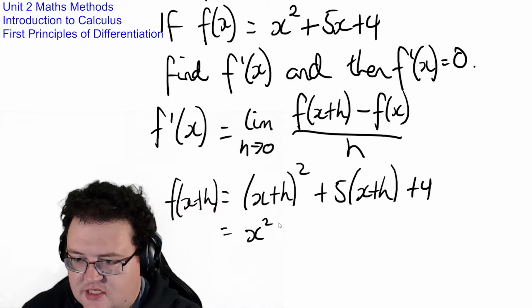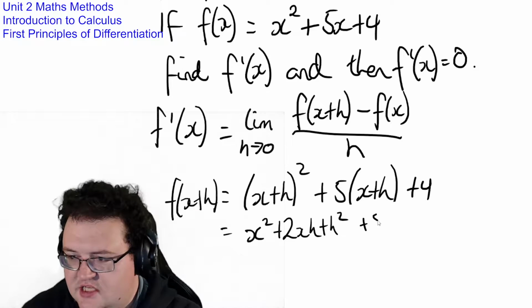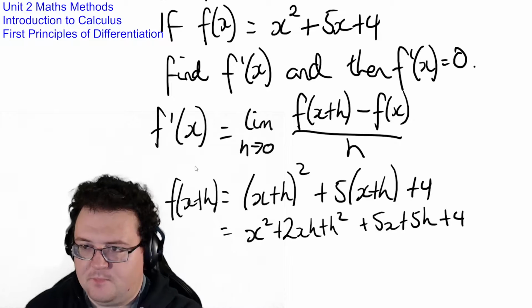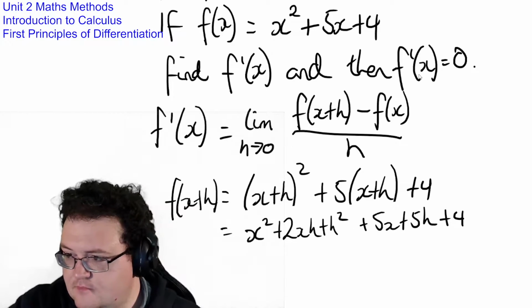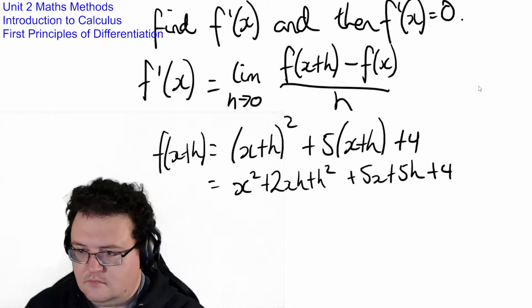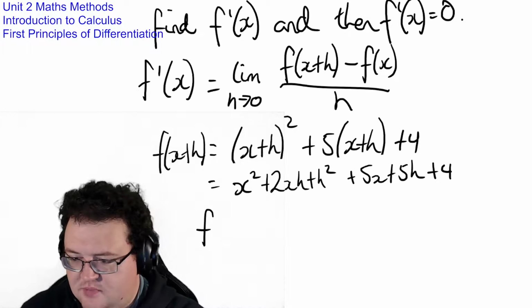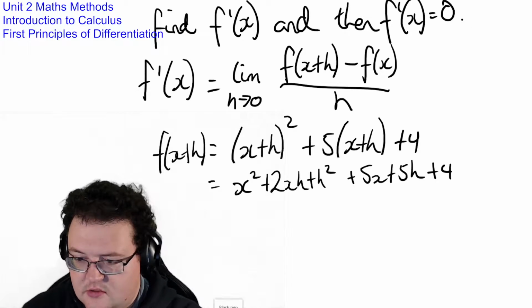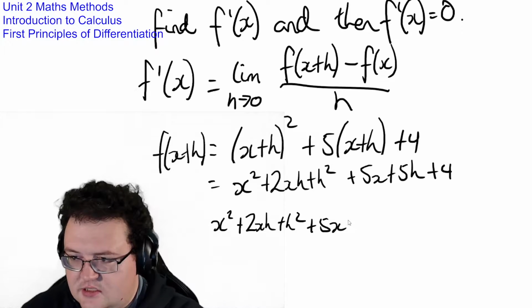That expands to x squared plus 2xh plus h squared plus 5x plus 5h plus 4. Now we write out our formula again. So f of x plus h, we now know what that is. That's x squared plus 2xh plus h squared plus 5x plus 5h plus 4.